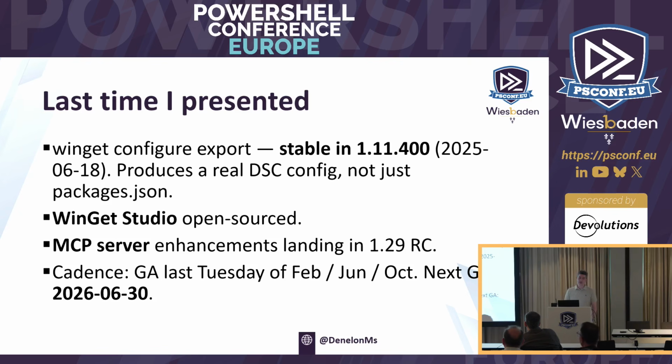So last time I was here, we had just previewed and gotten ready to deliver Winget 1.11, and the big thing there was being able to do an export of the configuration on the system. If you run winget configure export -all -o and whatever file you want to pass it to, Winget will iteratively go through. It will export every single installed package that it knows about from any configured source.